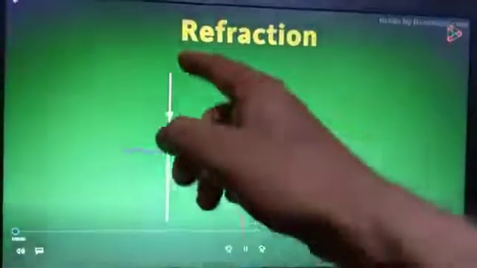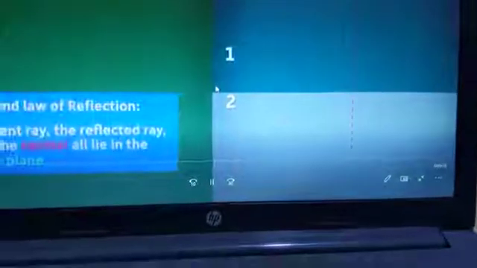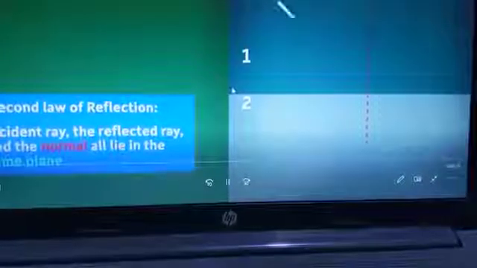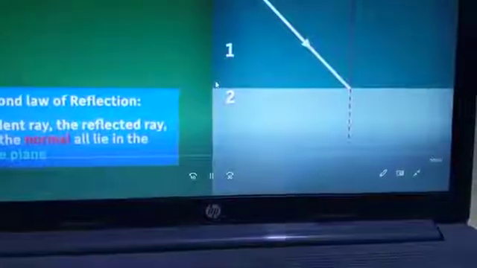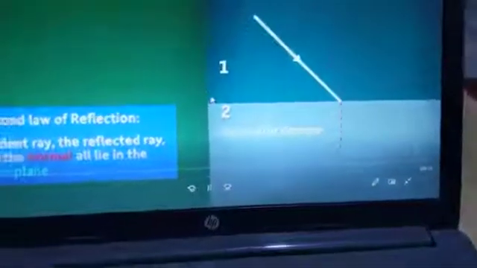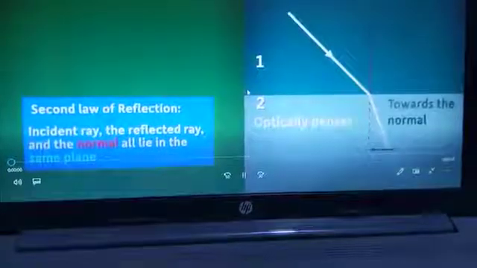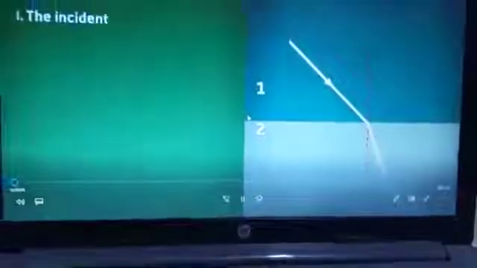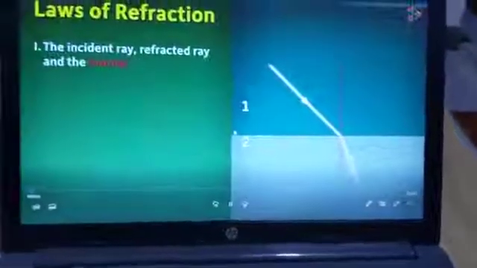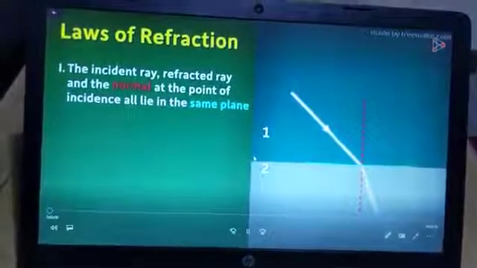You see, if it is perpendicular, there is no change in direction. The second law: incident ray, refracted ray, and the normal all lie in the same plane. This is an optically denser medium, so it bends towards the normal. The incident ray, refracted ray, and the normal at the point of incidence all lie in the same plane.